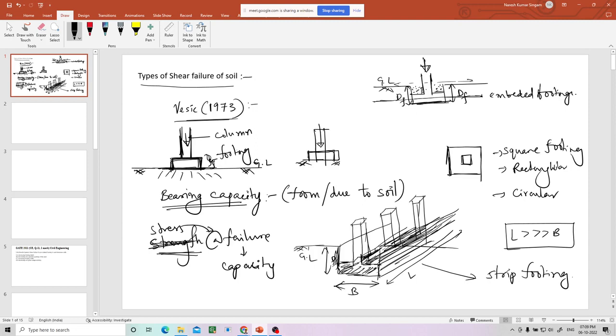Whatever pressure the soil can take is the bearing capacity.